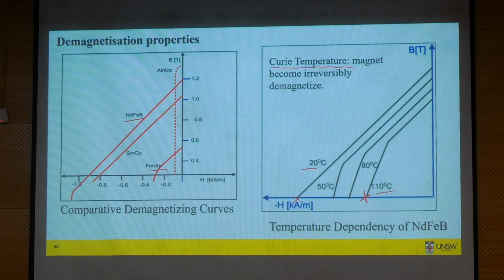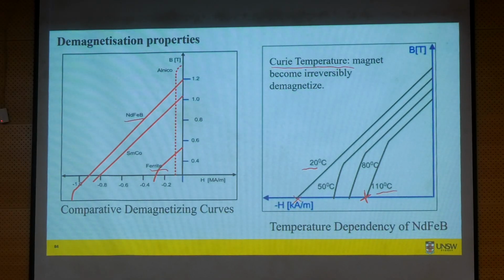And there is a concept of Curie temperature for magnet materials. Including neodymium iron boron, if it goes to a certain temperature, it can fully demagnetize, which cannot be recovered. And that temperature is known as the Curie temperature of the magnet material.